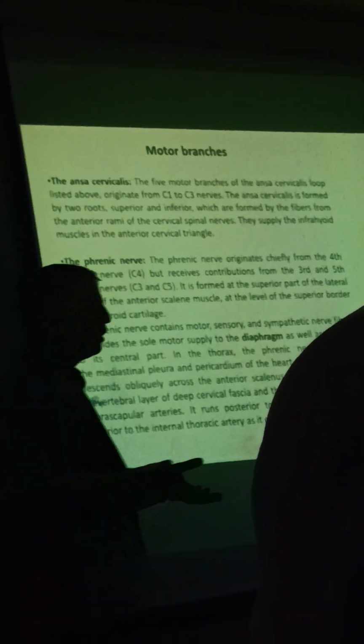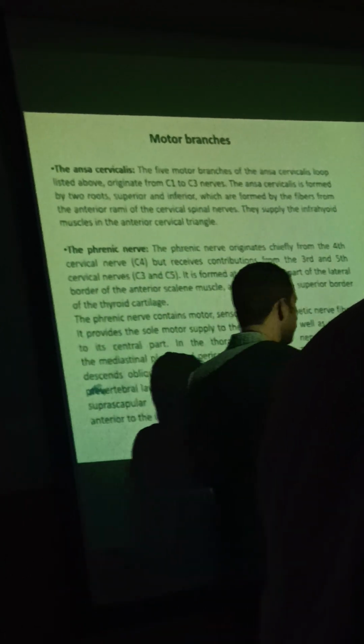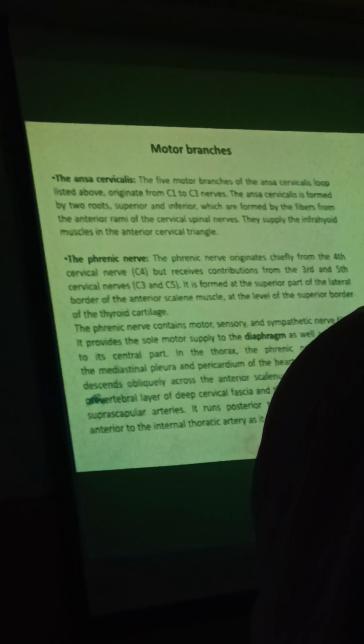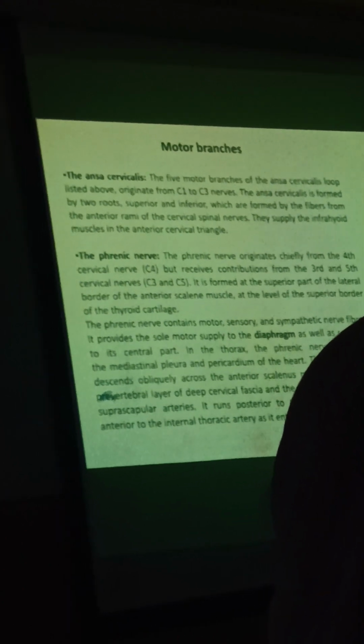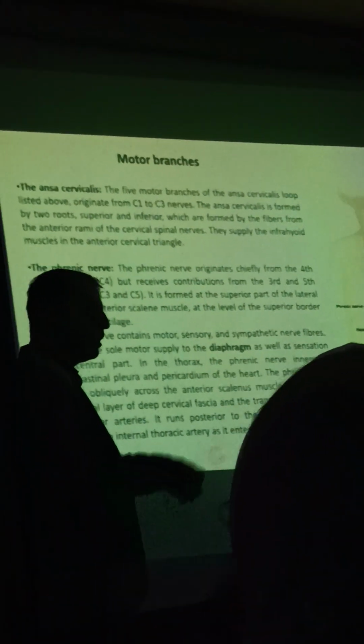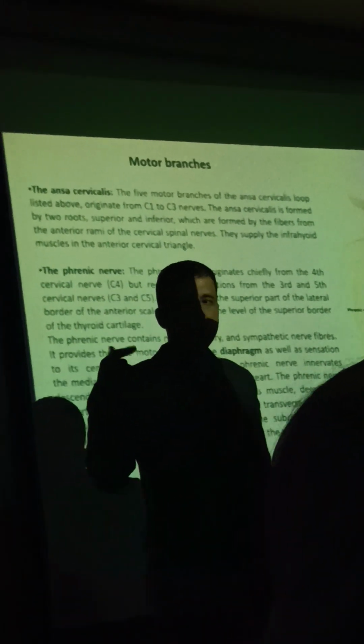Communicating branches communicate with any of the nerves in this area. The cutaneous branches were four, yes, and now the motor branch. What is the name of the motor? The motor branch innervates a skeletal muscle. So, what is this nerve? Phrenic nerve. Yes, the phrenic nerve is made by C3, C4, and C5.